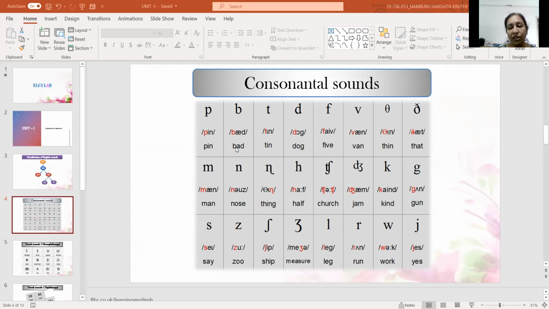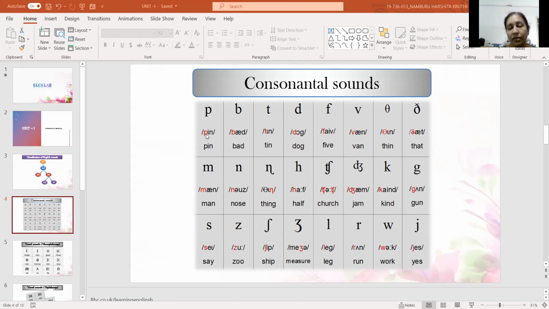For example, if I write P in a symbolic form, then I'm going to represent it in the slanted lines. Hence, if you look at the word pin, it also appears in the slanted lines, right? So here the symbol P is highlighted in red.